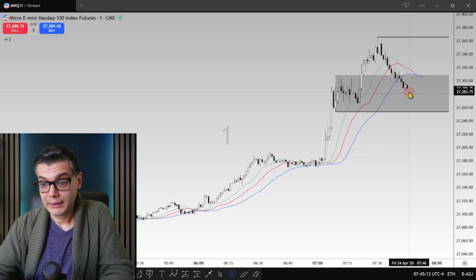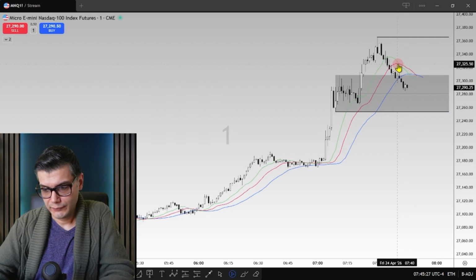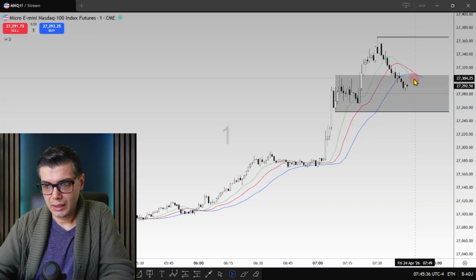Now we have that crossover in the Alligator indicator. So when we have a crossover which expands from 7:40 New York time AM all the way to here 7:49, I'm going to highlight all these candles.